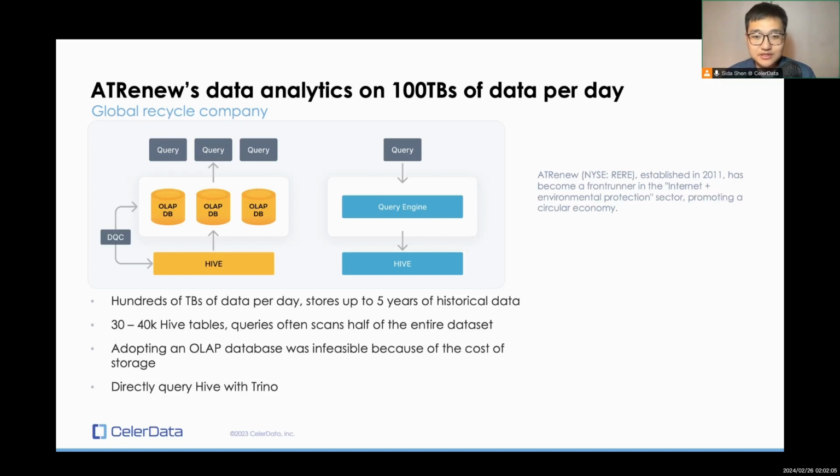And that results in a staggering 30 to 40,000 Hive tables. And queries often scan half of the entire dataset, which makes the whole thing even more challenging, right? Going for an OLAP database was not even feasible in the beginning when they designed the system, because the cost of storage would be just too expensive.